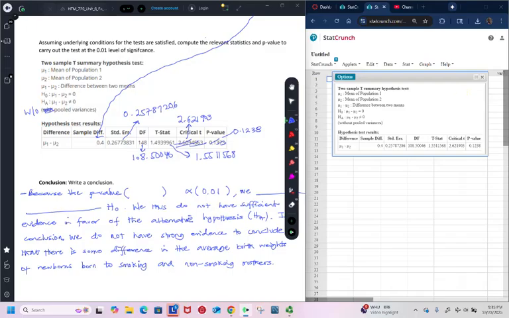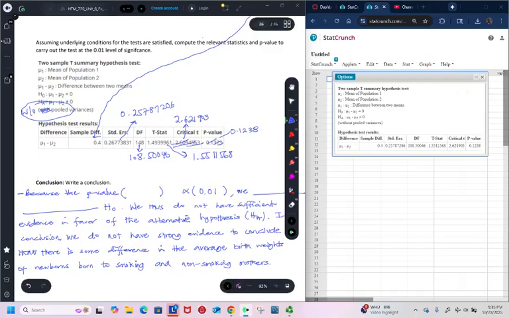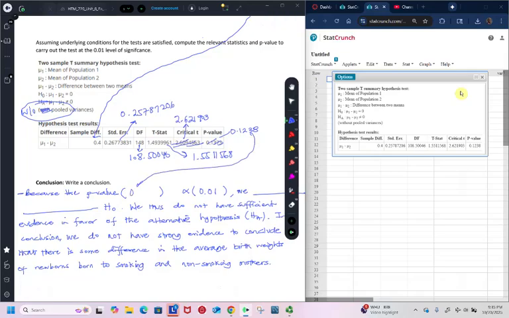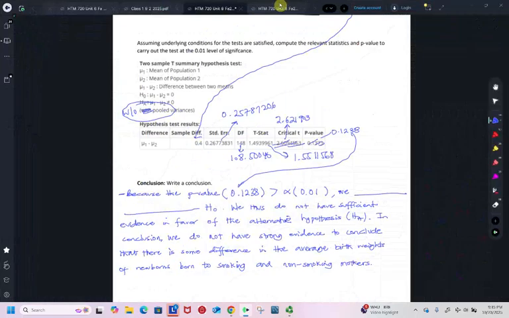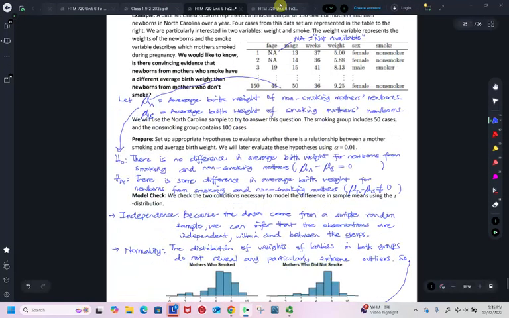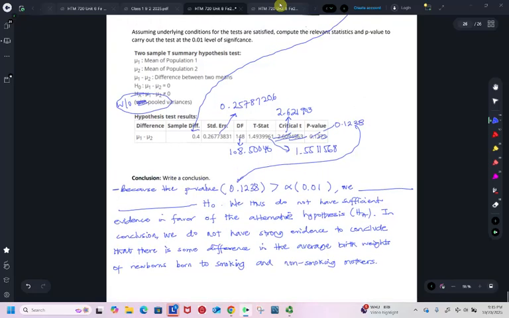So this must be without pooled variances. And the p-value we have here is 0.1238, which is obviously greater than alpha, the level of significance of the test, which leads us to fail to reject, or not reject, the null hypothesis.